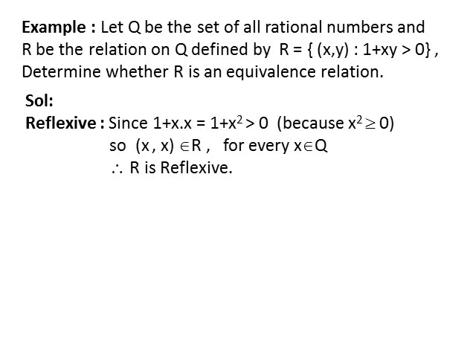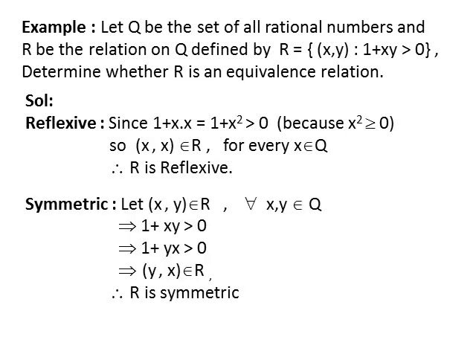Since 1 plus x times x equals 1 plus x squared is always greater than 0, because for every rational number x, x squared is always greater than or equal to 0. So ordered pair (x, x) belongs to the relation R, therefore R is reflexive.